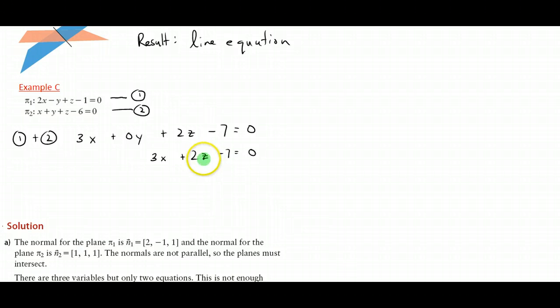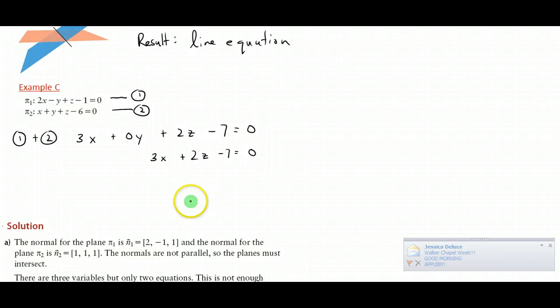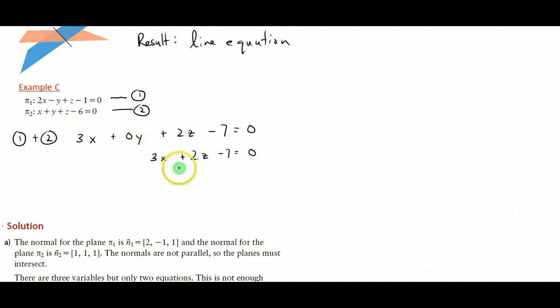If I knew what z was equal to, I could substitute a value for z here and then solve for x. Then I would know what x and z are, and I could go back to one of the original equations, substitute for x and z, and solve for y. That's what we call back substitution. So once you've found one of the variables at the end of elimination, you work backwards and substitute to find the previous variables.